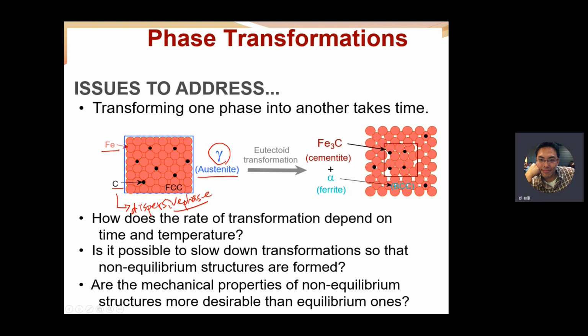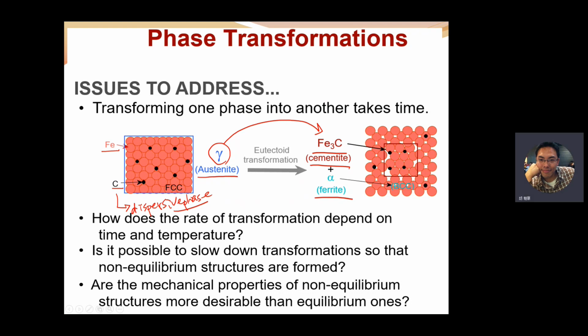And when we cool down at a specific temperature and composition, this austenite will transform into two solids. One is called cementite, and the other is called ferrite, that is alpha solid solution.